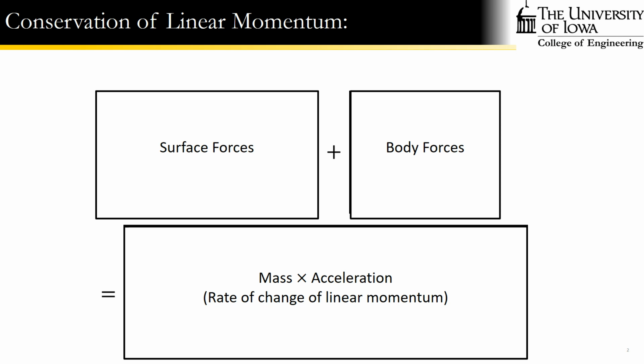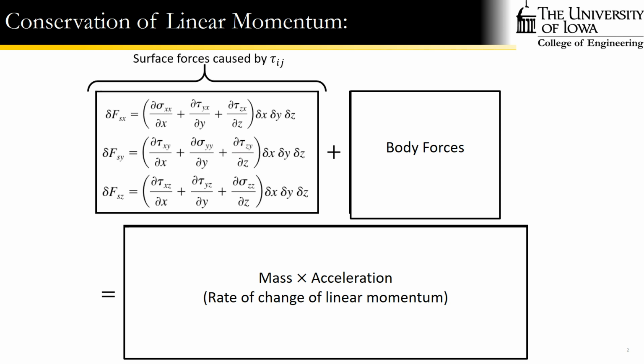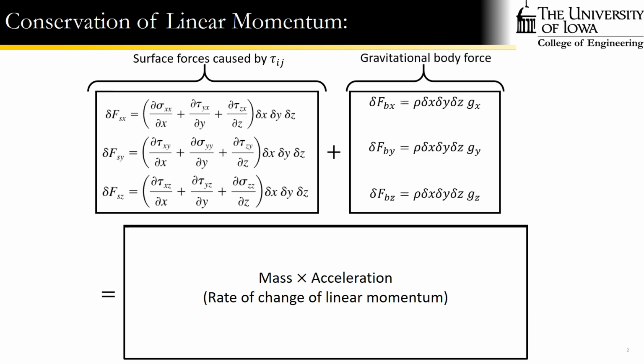Surface forces we wrote out using a first order Taylor series expansion. We said that the force on a little tiny cube of fluid with side lengths of delta x, delta y, delta z can be written like this. The body force is just rho times the volume times gravity, so mg.